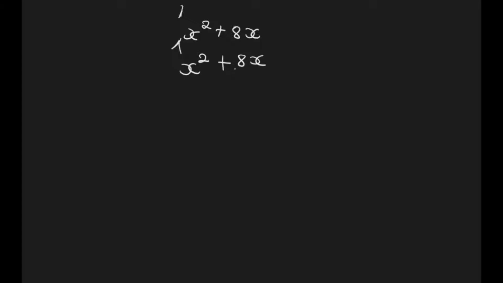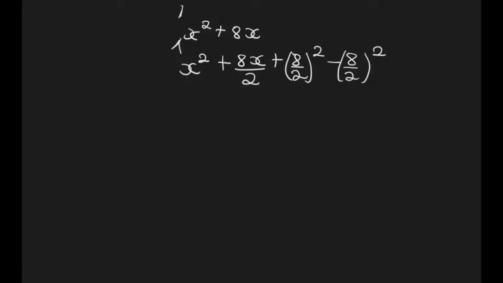You divide the coefficient of x by 2. After that, it's like you're adding a 0 here. So you say plus 8 over 2 bracket squared minus 8 over 2 bracket squared.